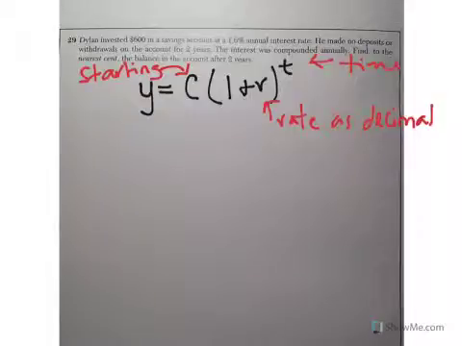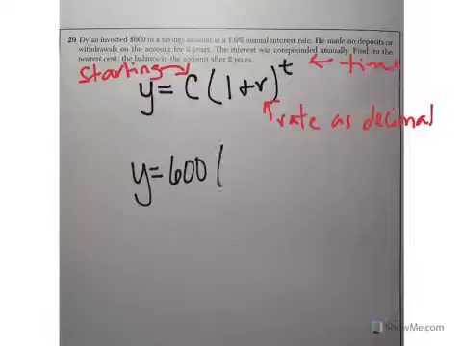So, if Dylan is investing $600 into this account, he's going to start with $600. So y equals 600 times 1 plus, now the r value, 1.6 is a percentage, and we need to change that to a decimal by dividing by 100. So that converts to 0.016.